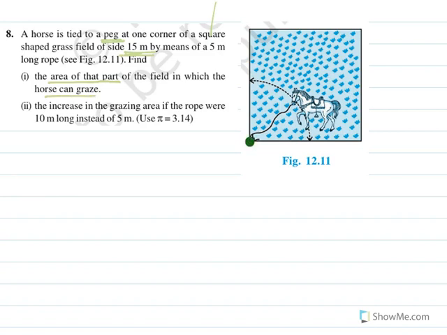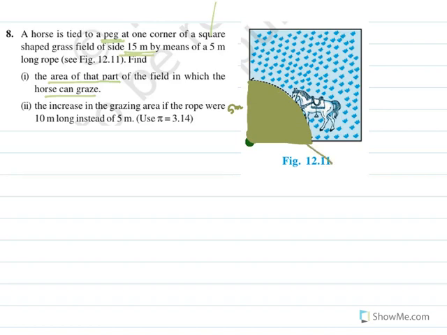So the horse is now tied with a peg here, and the rope is 5 centimeters. Although there is so much grass, he cannot reach the entire field. He will be able to reach only this area, because he's been tied with 5 centimeters.